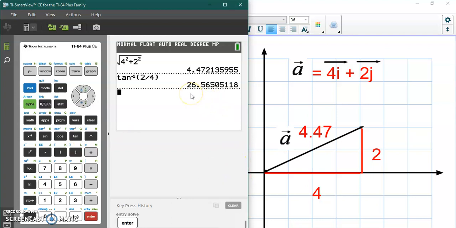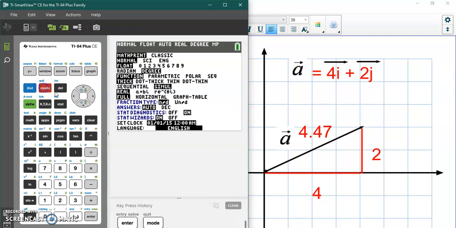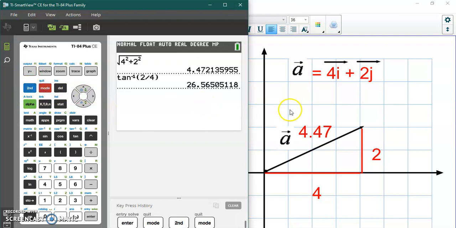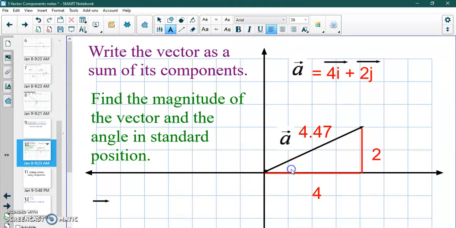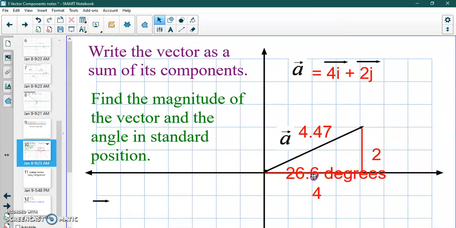And we get 26.6 degrees if we round to just one decimal. Let me make sure I'm in degrees. Yep. So 26.6 degrees for our angle in standard position.